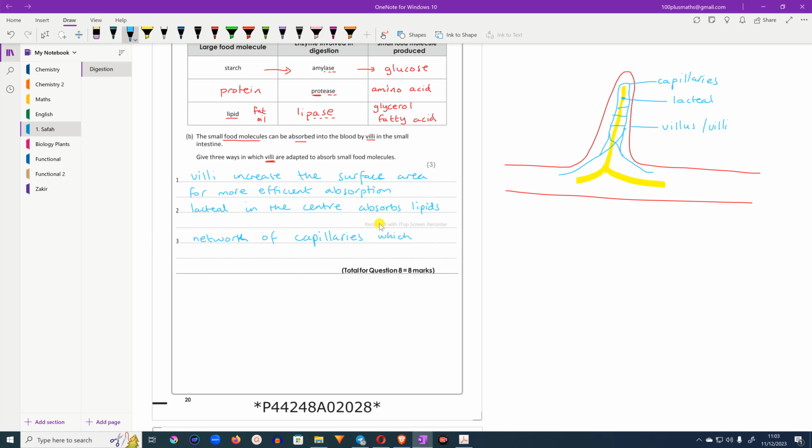which are one cell thick. So that means you have a short diffusion distance or pathway.